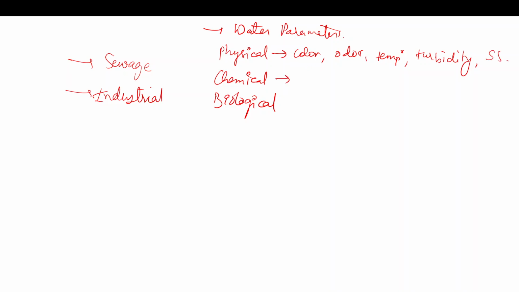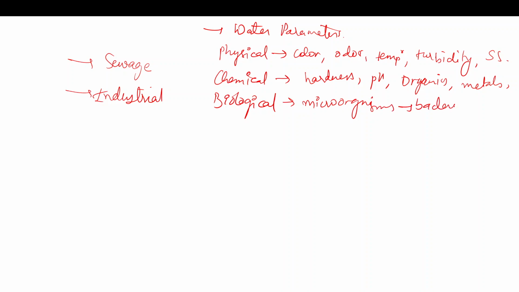If we talk about chemical parameters, then it could be hardness, pH, the presence of organics, or the presence of metals. Next, biological parameters are mainly because of microorganisms like bacteria, fungi, viruses.